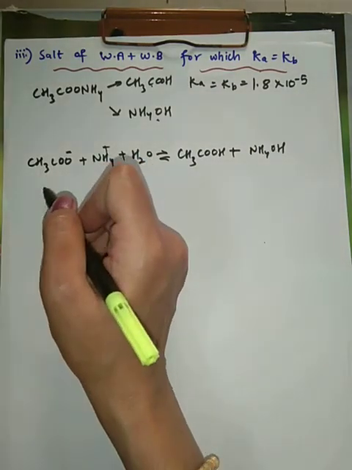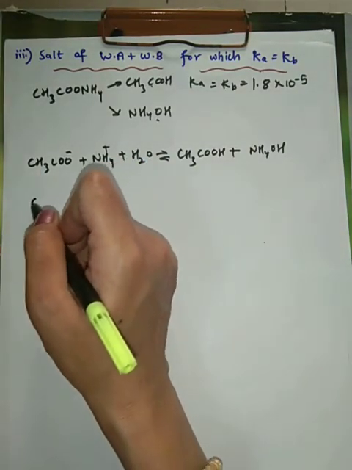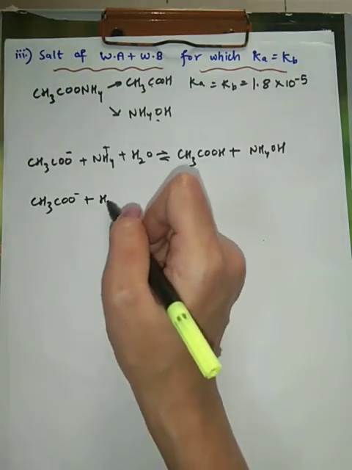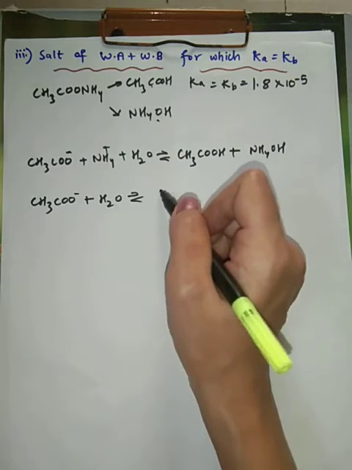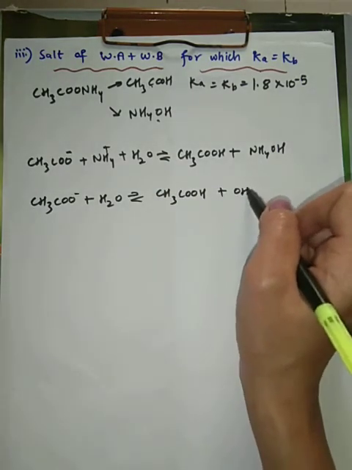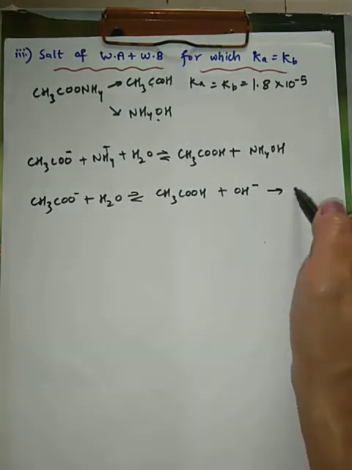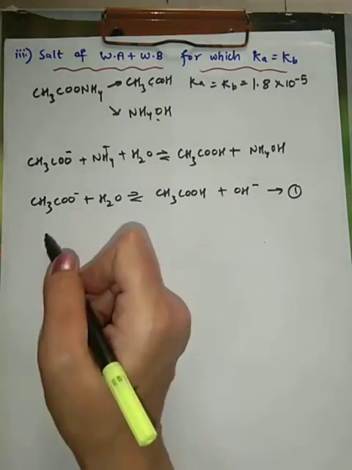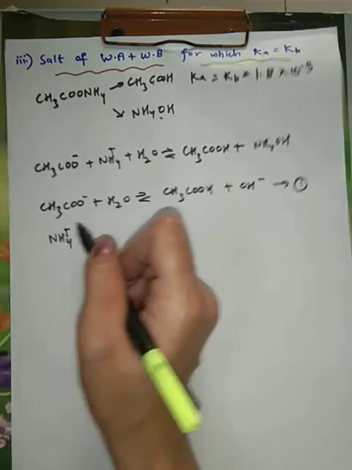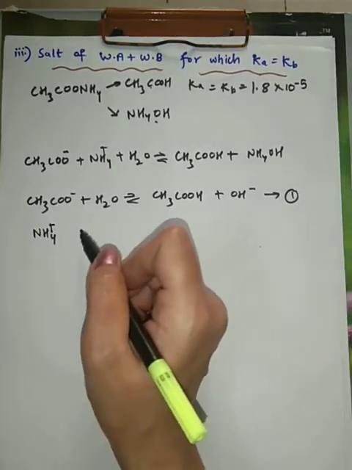Now the ions of the salt will react individually. How? The acetate ion will react with water to produce acetic acid, and OH minus from water will be left as it is. Let's say this is equation 1. Then the second ion of the salt is ammonium. How is this going to react with water?